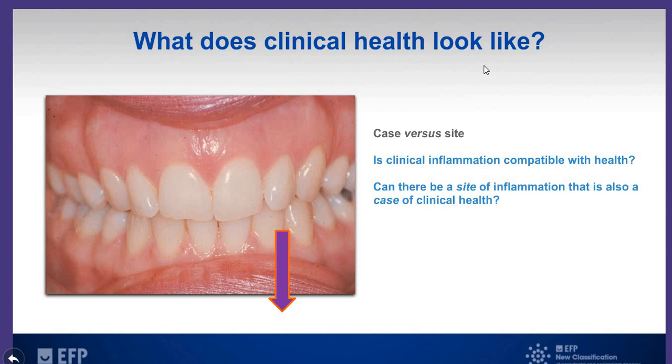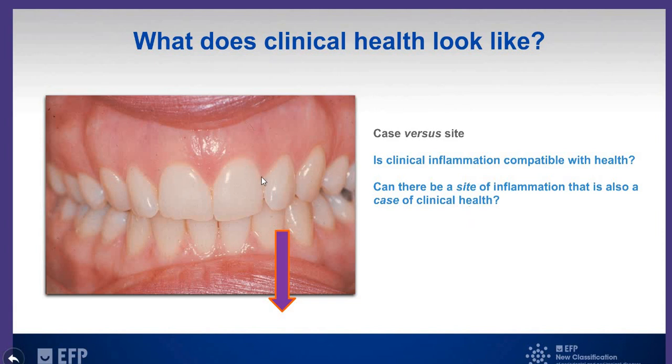What does clinical health look like? Case versus site. What do we mean by case versus site? Is clinical inflammation compatible with health? Yes. Can there be a site of inflammation that's also a case of clinical health? Yes. How?